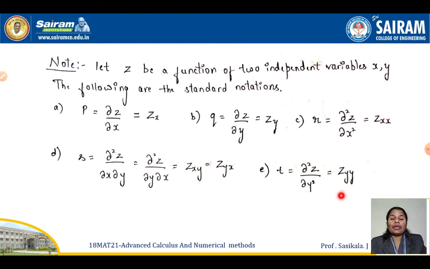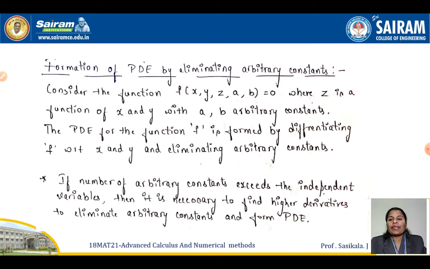Okay. So remember, P is Z differentiated with respect to X, Q is with respect to Y, R is dou squared Z by dou X squared, which is ZXX. Then T is ZYY, and S is the combination of X and Y. Now under the topic, the first topic is the formation of PDE by eliminating arbitrary constants.